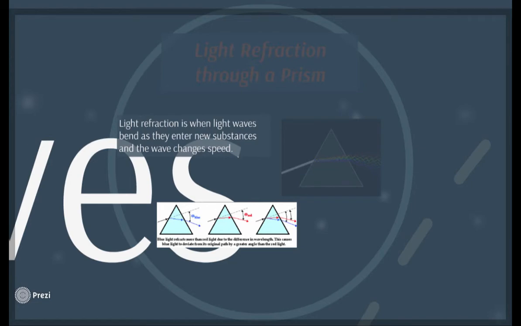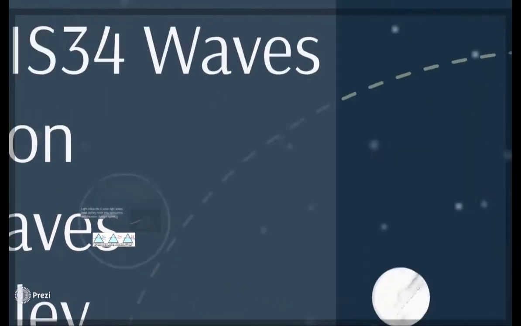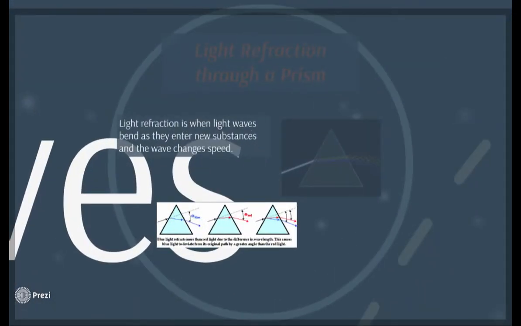So light can move in a variety of ways through a prism. If you think about that Pink Floyd iconic picture where we have light traveling through a prism, light waves actually refract or bend as they change between new media that they encounter. And their speed actually changes, and the angle that they refract at depends upon their wavelength.